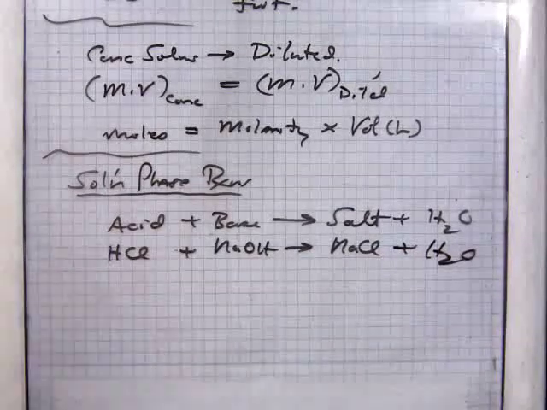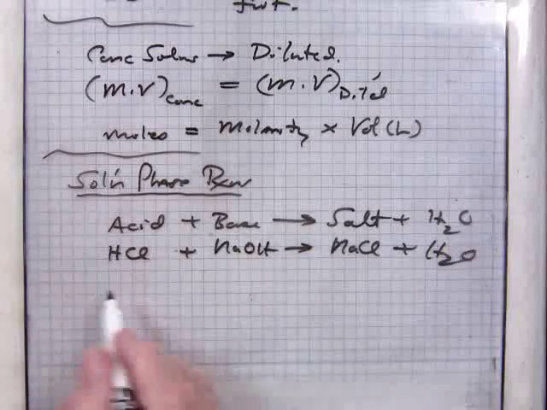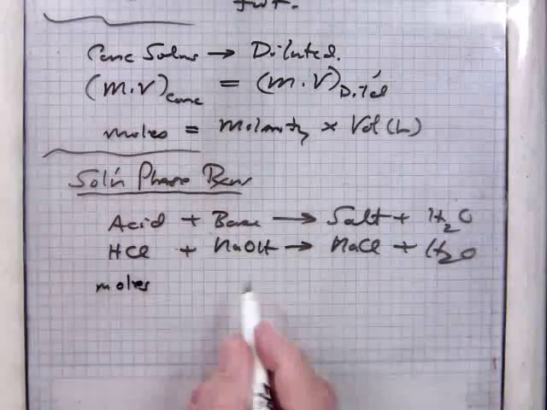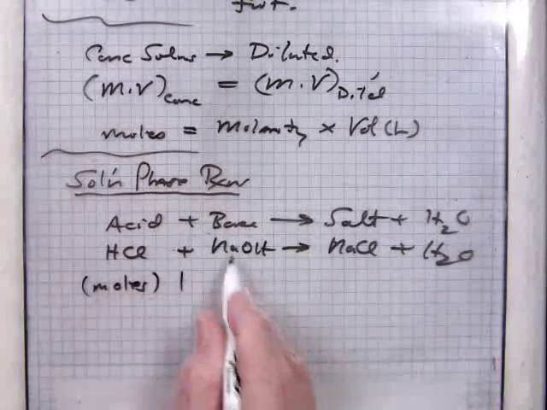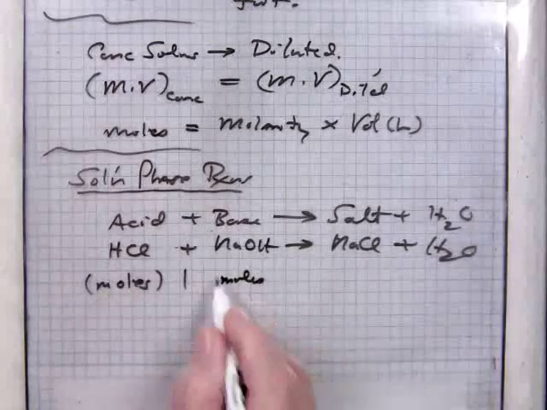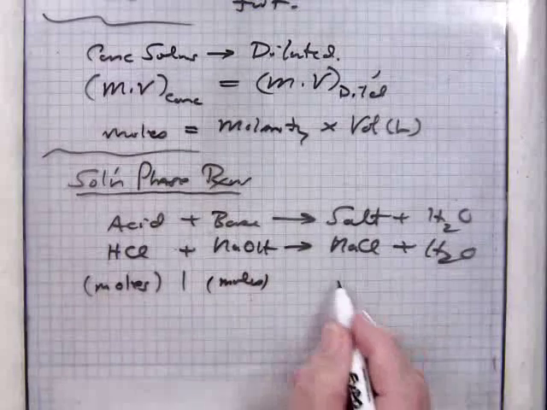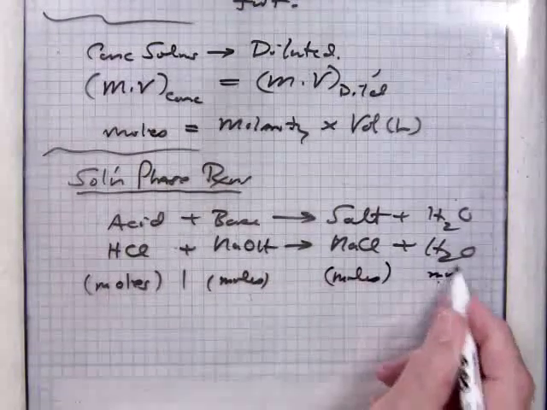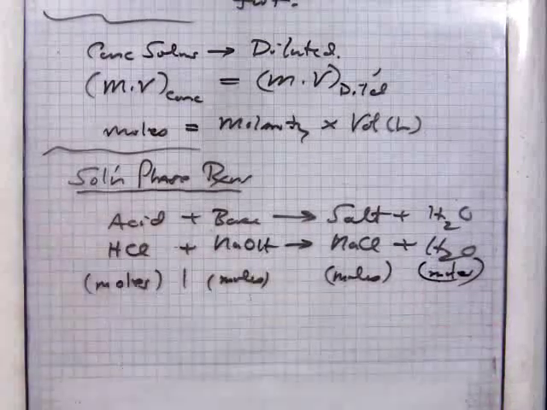What are you looking at there? What can you calculate from that equation? Well, first, moles. There's 1 mole of HCl. You have moles of the sodium hydroxide. You have moles of sodium chloride, and you actually have moles of the water. That's what it's saying. 1 to 1 to 1 to 1, based on the coefficients.